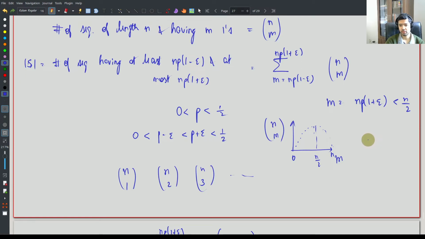That is exactly why I'm making this particular assumption here, that p is less than half, and I'm choosing a very tiny epsilon such that p plus epsilon is also less than half, which ensures that this entire range, all of these are going to be somewhere over here. So this is the range over which I'm summing. And it is possible to choose a small enough epsilon because you know that p is strictly less than half. So you can choose a small enough epsilon such that p plus epsilon is also less than half. That's easy to do, right?